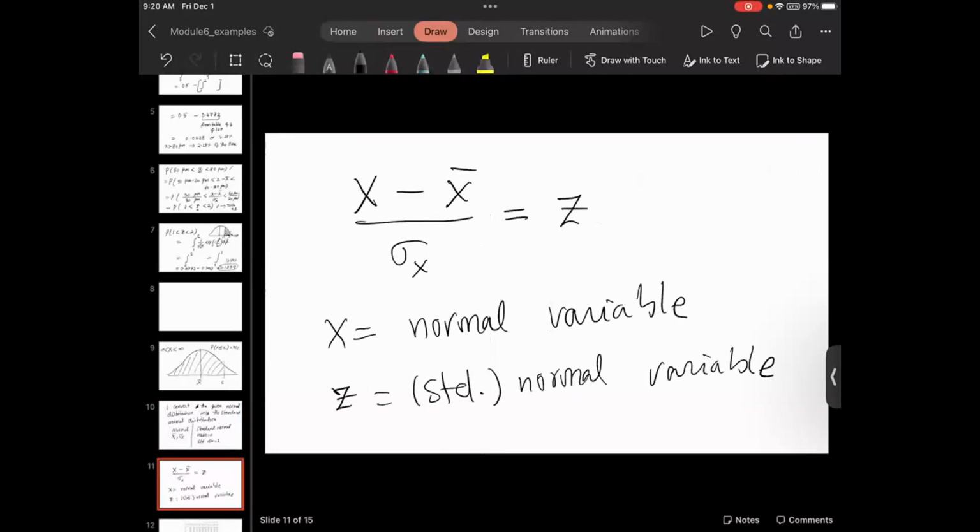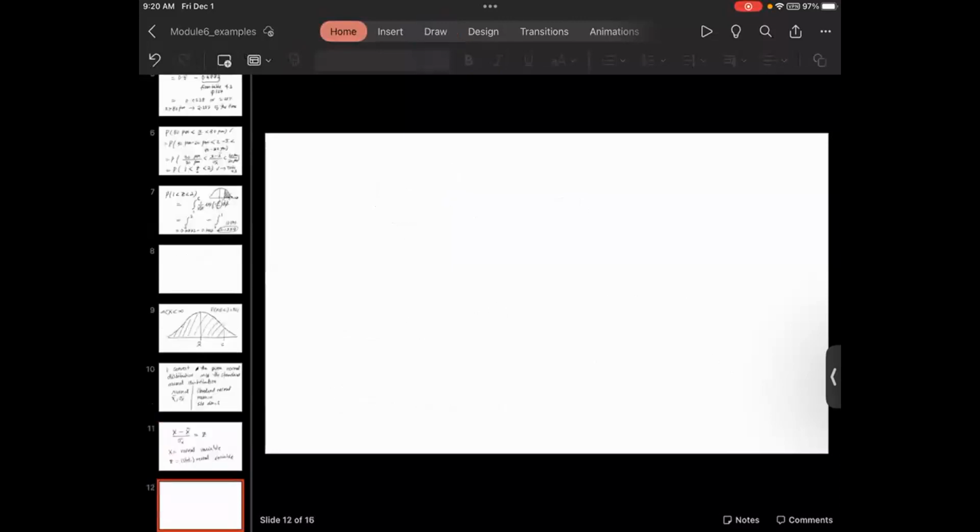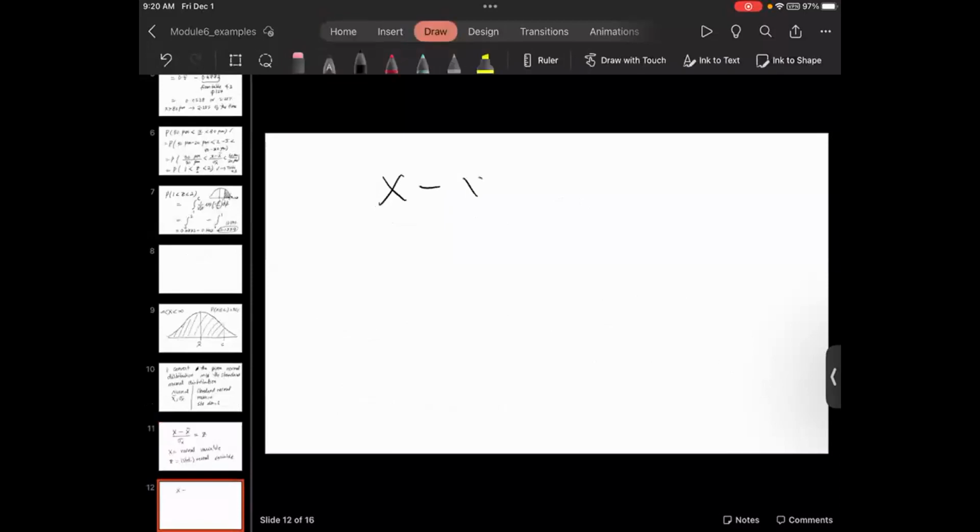So to convert any problem, the cheat sheet, or the simple trick, is to just write this down: x minus x bar divided by sigma x equal to z.